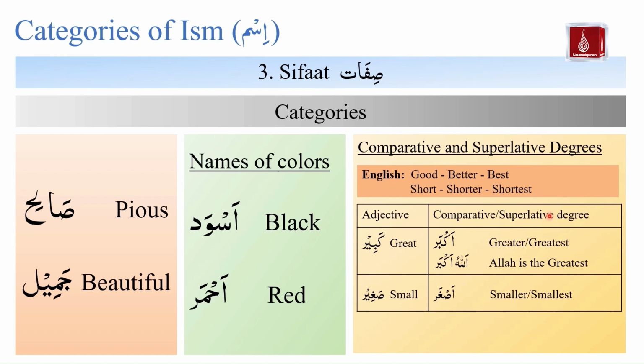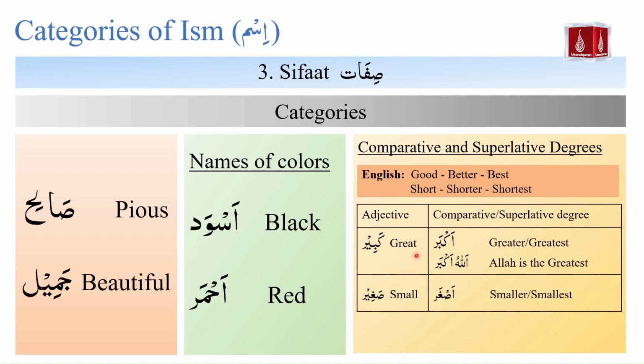In Arabic, we also have certain sifat, like kabir, which means great, or saghir, which means small. In Arabic, the same word will be used for comparative and superlative degree. So the comparative and superlative degree for kabir will be akbar.